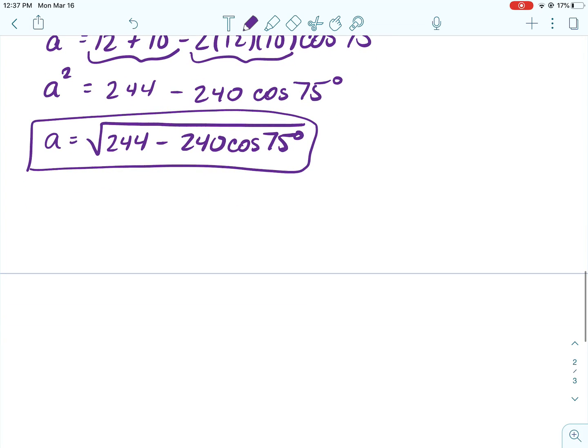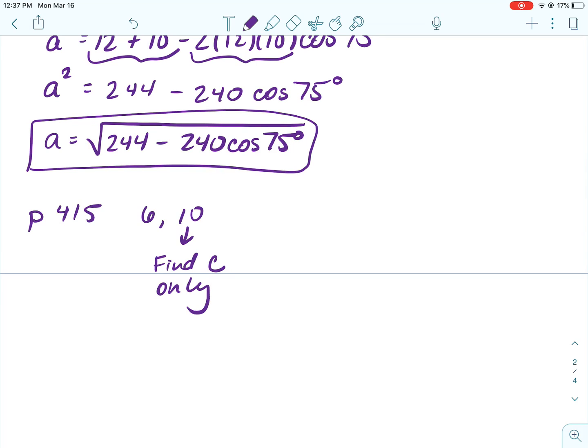Your assignment is kind of short. Two of them are going to be kind of long like our first example, and two of them will be fairly short like this one. On page 415, I want you to do number 6. On number 10, it tells you to solve it, but we're not going to, so you're just going to find C only.